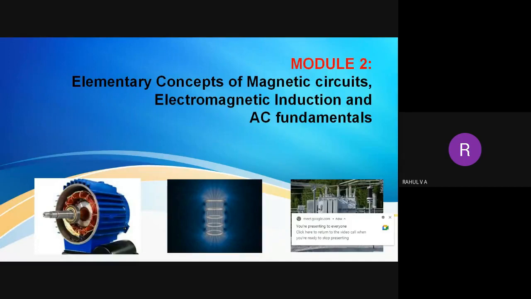So yesterday we started the second module, that is elementary concepts of magnetic circuit, electromagnetic induction and AC fundamentals. We were discussing the applications of magnetic circuits.